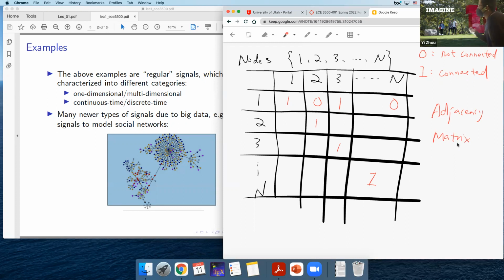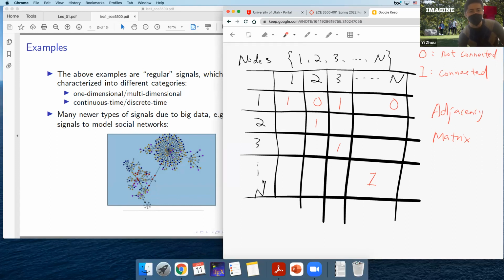The nice thing is that given this table, you can draw the corresponding graph. And given a particular graph, you can always encode the connections using this adjacency matrix. So in the end, you can say that this is a function of two variables, because this table is a matrix, with x and y axes.